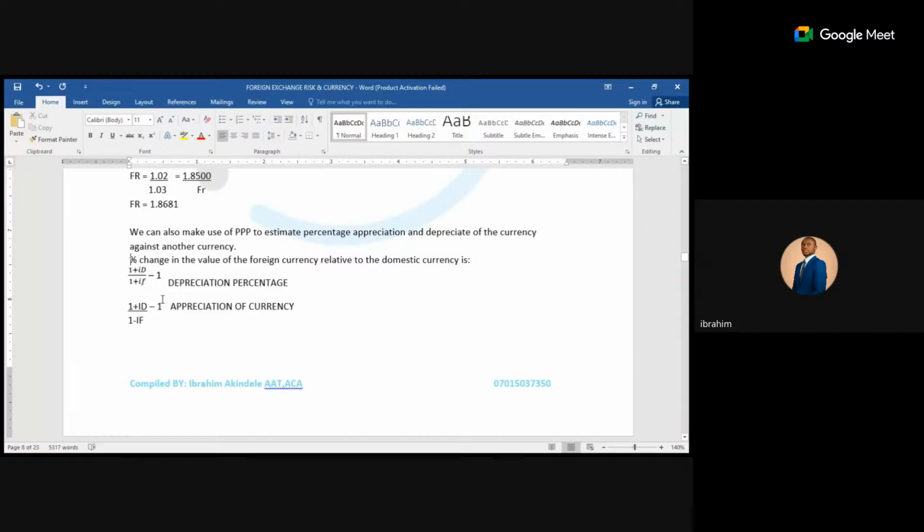The depreciation percentage will be calculated as 1 plus ID divided by 1 plus IF minus 1. Class, in determination of your forward exchange rate, you have 4 years for a project.